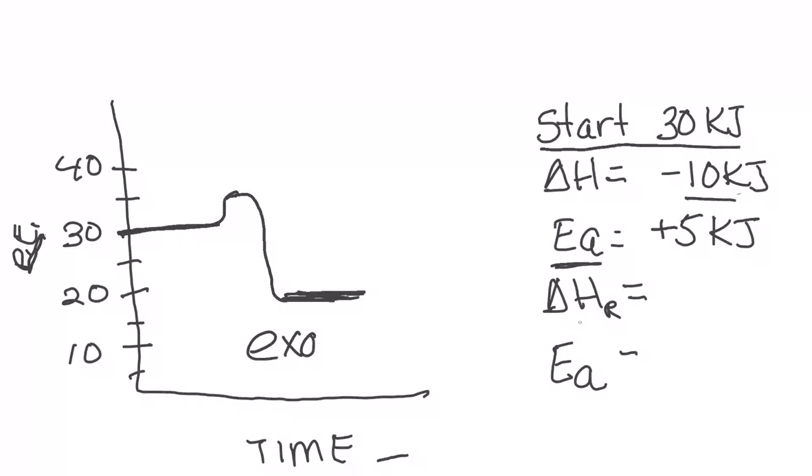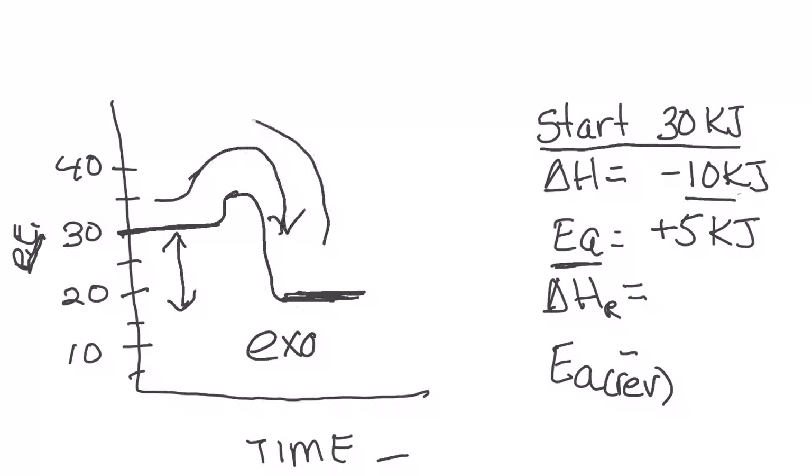So the problem after you draw it may ask you for some things. Here it asks you for the delta H of reverse and the activation energy of the reverse reaction. So how do I figure those out? Well, I look at my graph, and here is the change in potential. If I go this direction, I go from high to low.